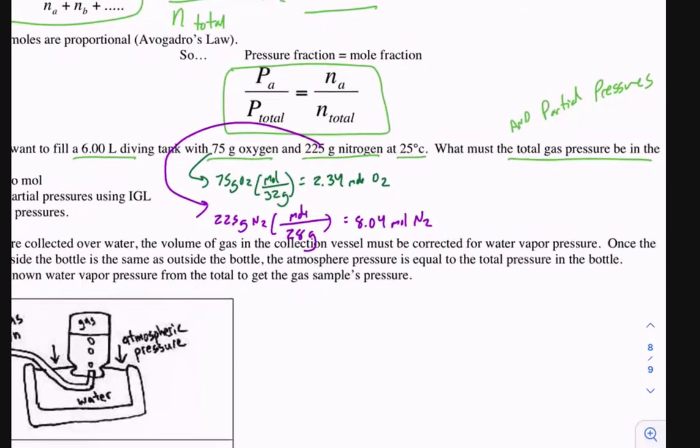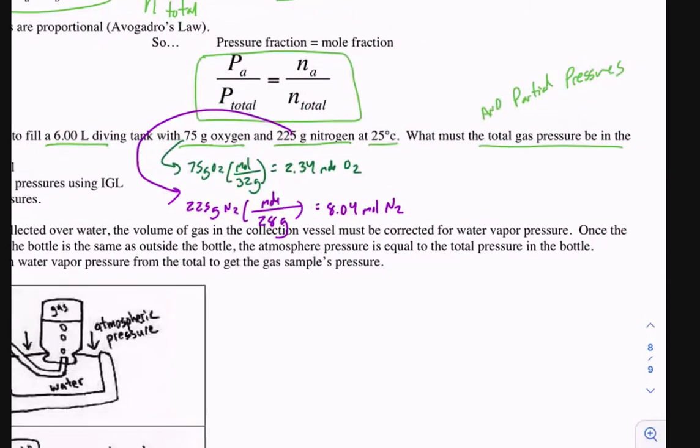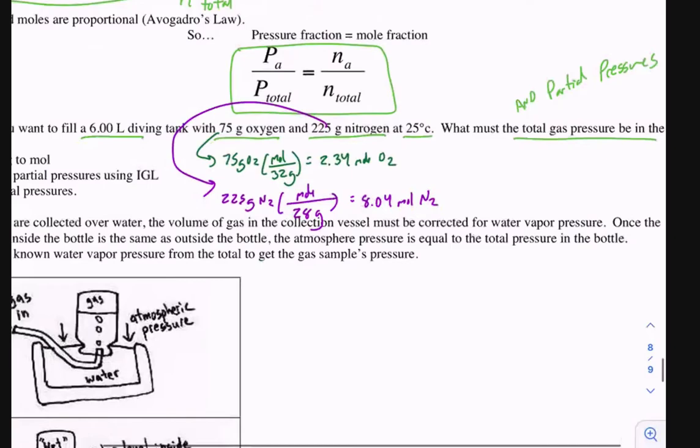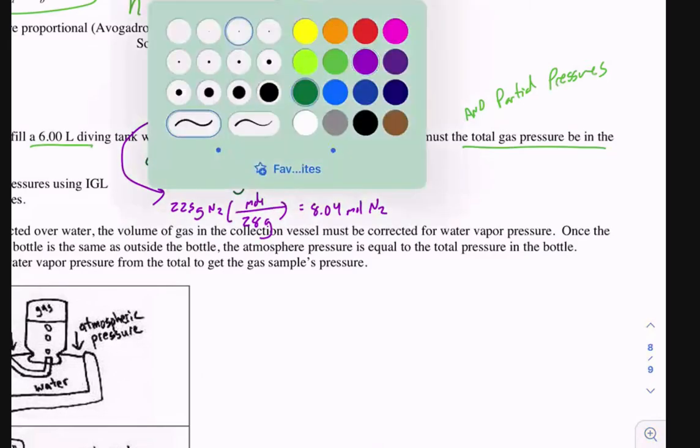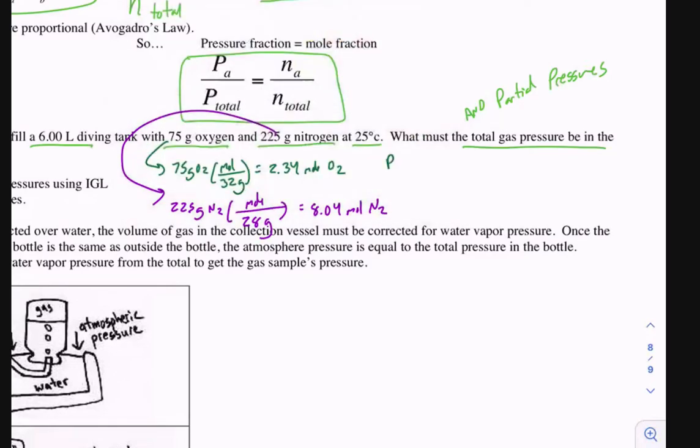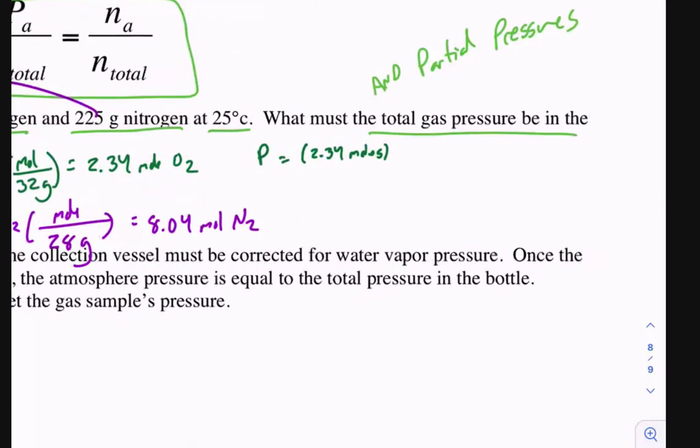So let's use the ideal gas law. And so, here, I'll color coordinate this. So back to green. For oxygen, the pressure will be the moles, 2.34. All right, here's where we got to get squinty.